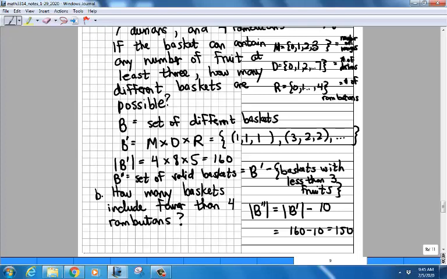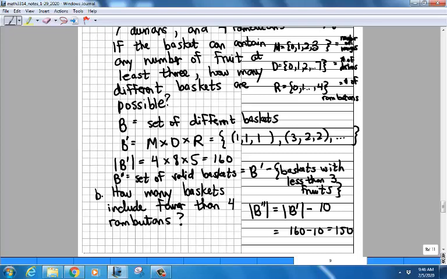So many times we have to improvise a little bit. Like in this problem, when we're dealing with sets, you may come up with an initial set model. It may be the correct set model, but it may be a little bit too big, and so you may have to modify it slightly. Here we modified it just by taking out these baskets that had too few fruit.